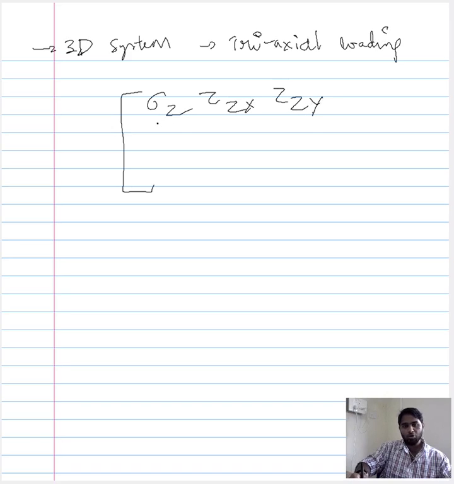This would be a normal stress along the z direction. These would be 2 shear stresses acting along the z plane, and similarly you would have the normal stress components acting along the y and x directions and the corresponding shear stresses.